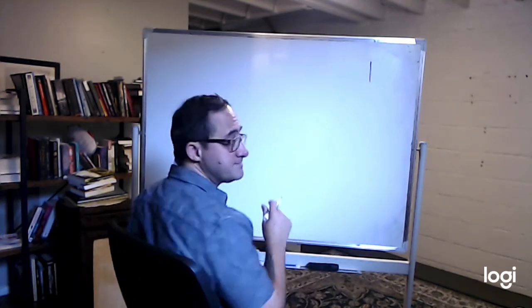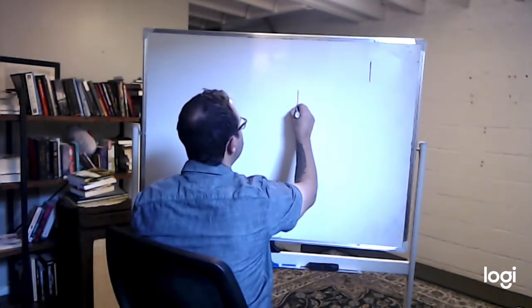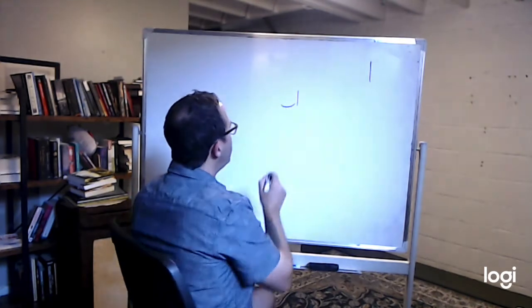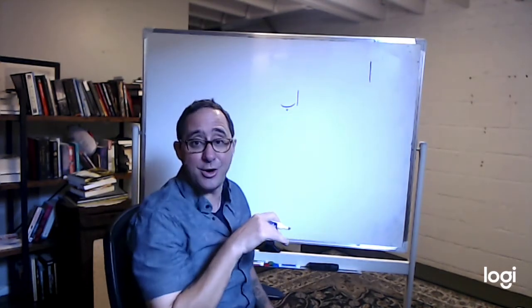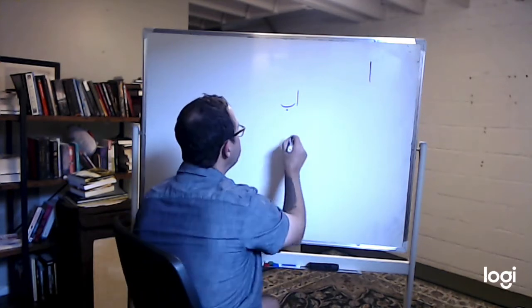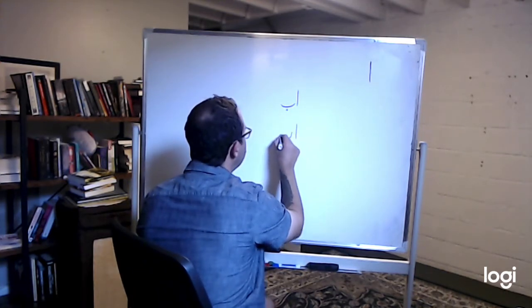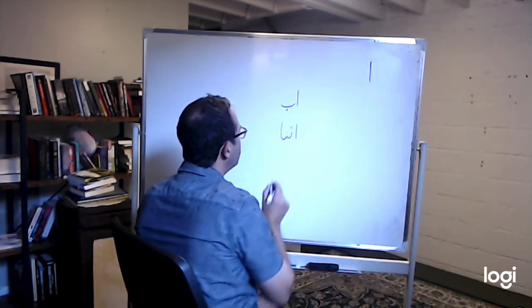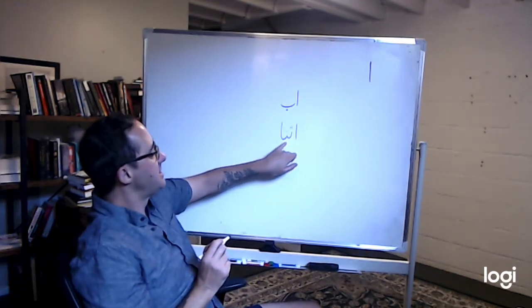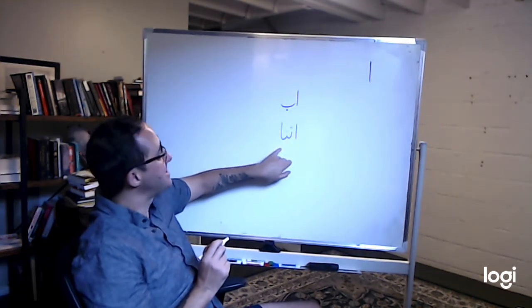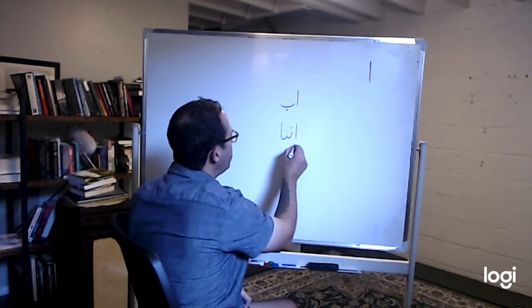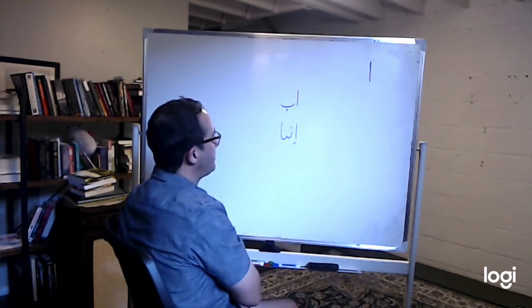Okay, so initial, ub. This means now. Ub means now. Itna. If I want to show that it's an i, I put this line below.